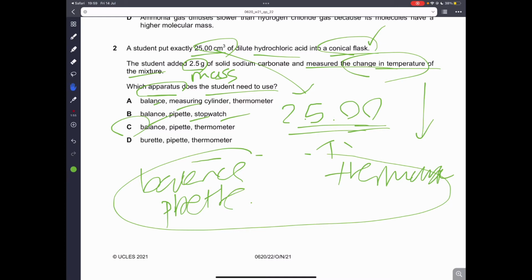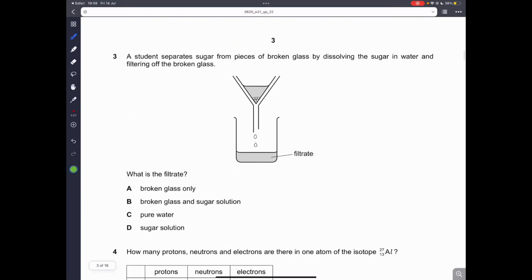Question number 3. A student separates sugar from pieces of broken glass, okay, by dissolving the sugar in water and filtering off the broken glass. What is the filtrate? Now this is asking if you do understand what is filtrate, what is residue, what is solution, and vice versa. Okay, so the sugar is going to dissolve in this water. So this sugar solution is the filtrate, right?